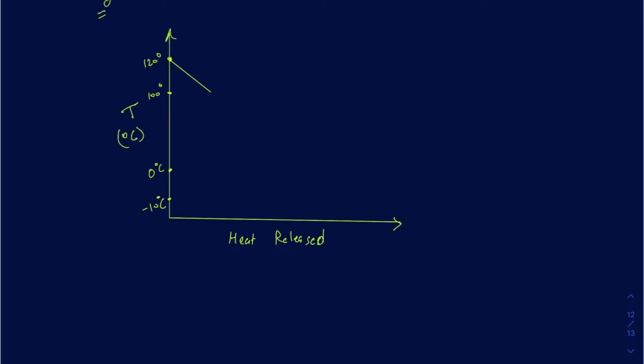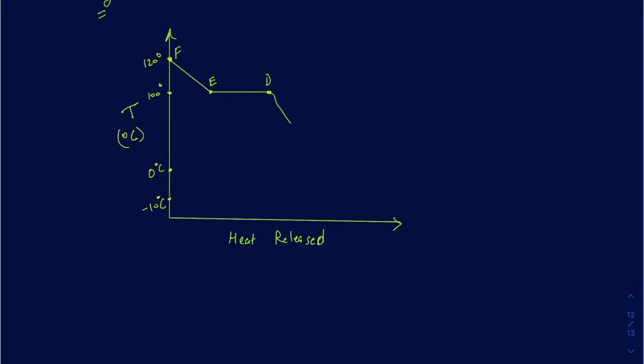Once the steam hits 100 degrees Celsius, you're going to have a flat line where the gas condenses into liquid. Once every gas particle is converted to liquid form, we'll call that F, call that E, and call that D. So at point D, every gas particle has been condensed to the liquid form.